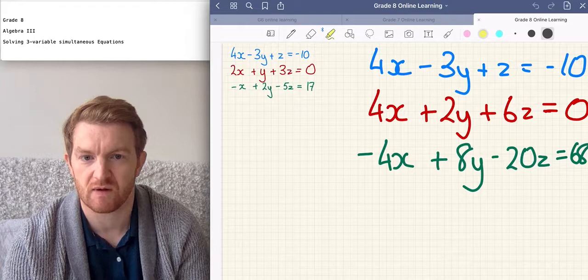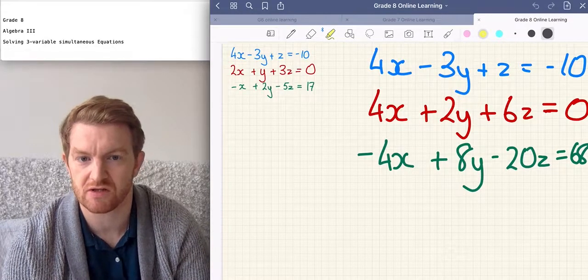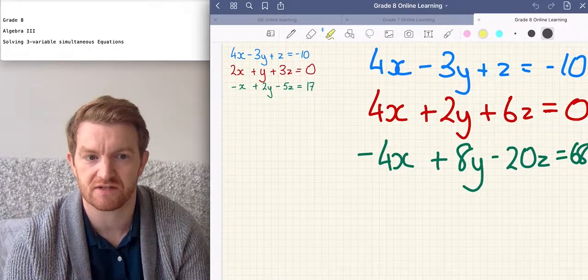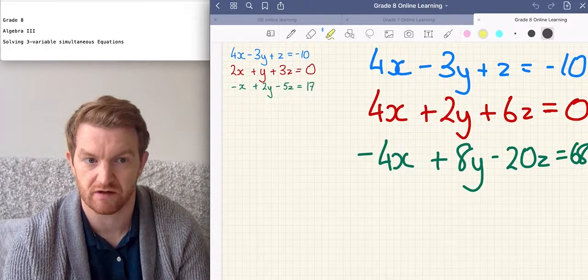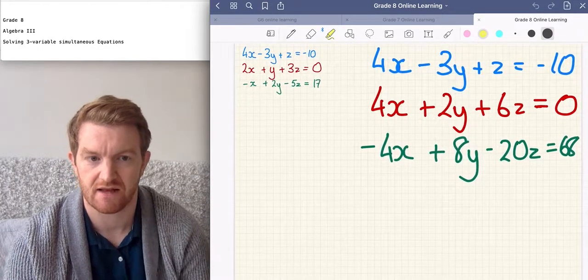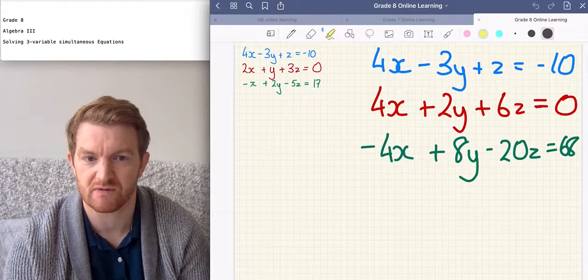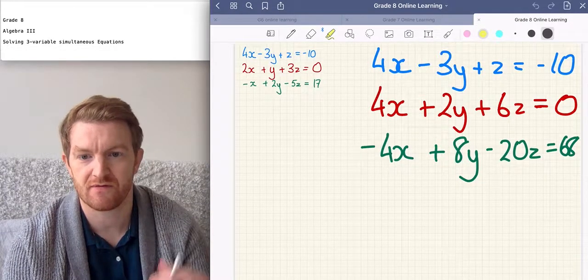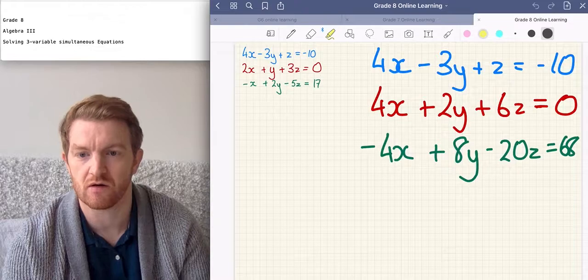The 2x plus y plus 3z we can multiply by 2, so the red equation multiplies by 2. Be careful with equations equal to 0, because you can see obviously that it's still 0, because 0 times anything is 0, and then we've got the green equation we've multiplied by 4 to get negative 4x, 8y, and 20z is 68. So now we've got that common 4x in all three of them.